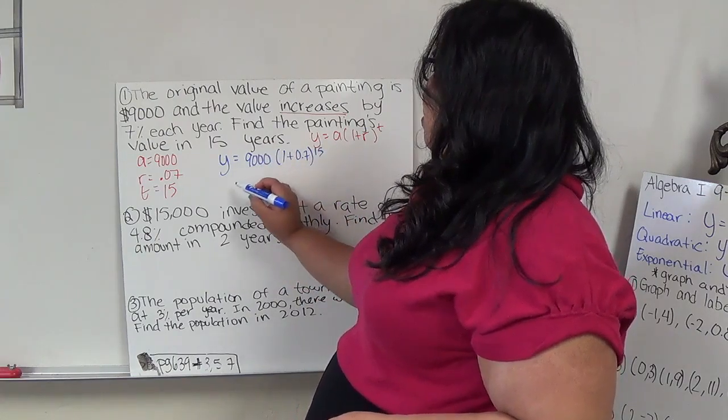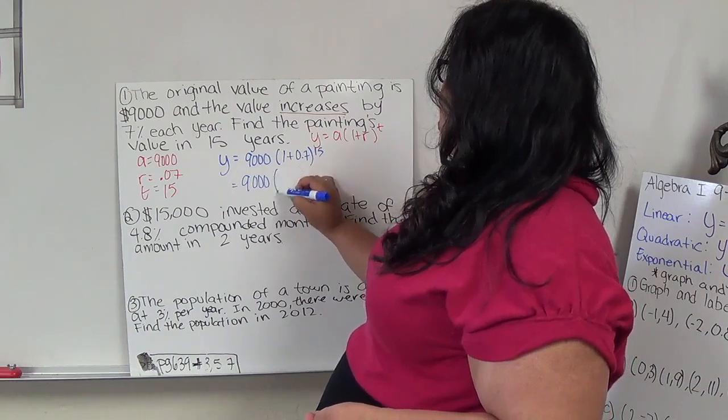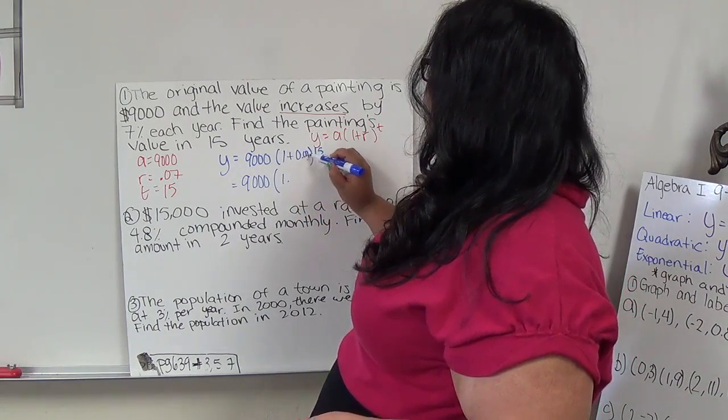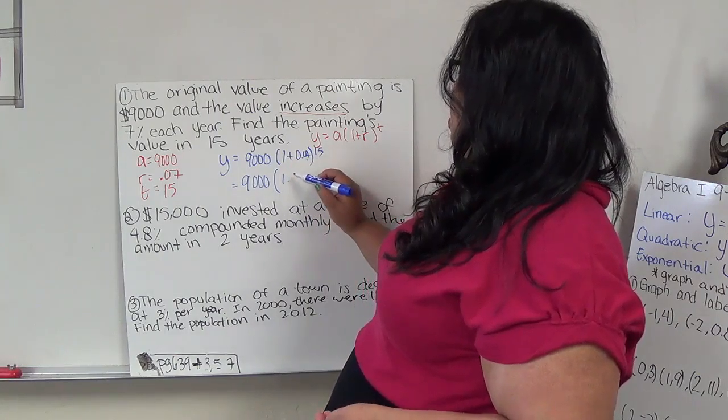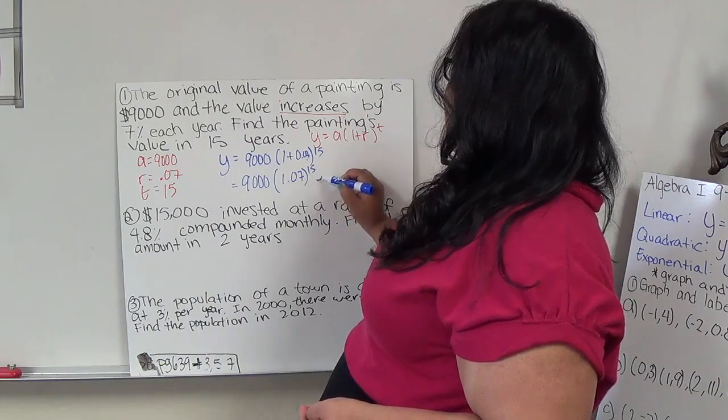Perfect, just one variable. Oh, this is supposed to be 0.07. Okay, so order of operations, we're going to do the inside first. So 1 plus 0.07 is 1.07.